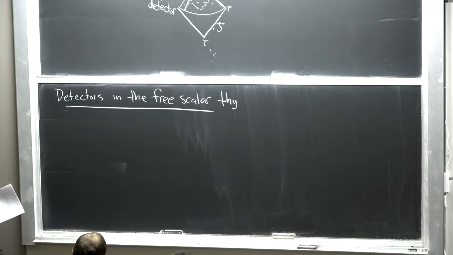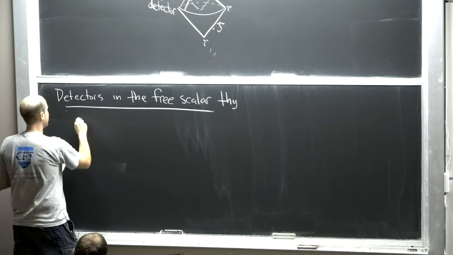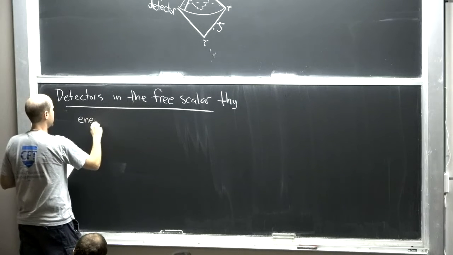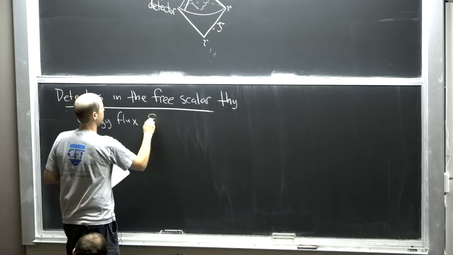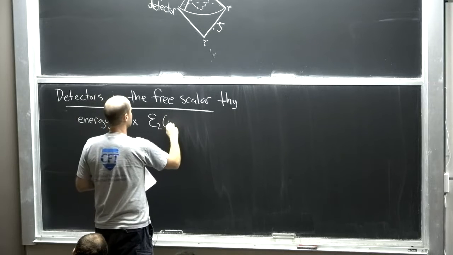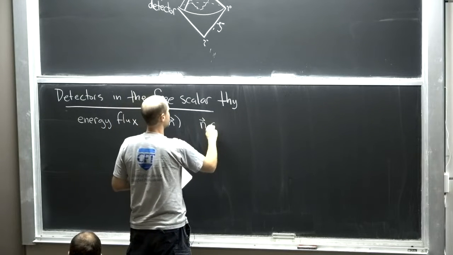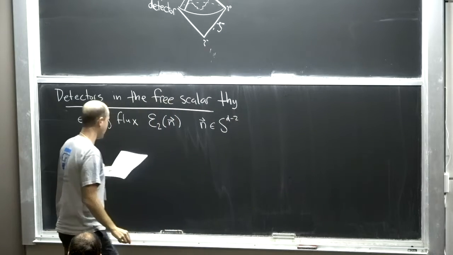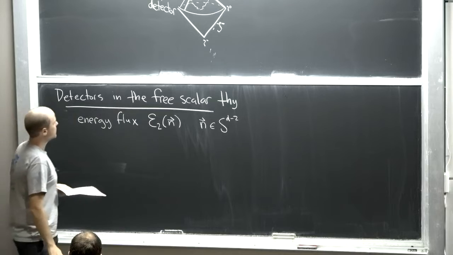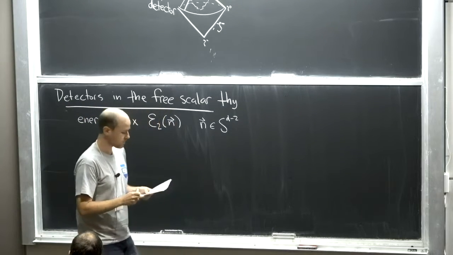So the most important detector in this theory, and probably any theory, is the so-called energy flux operator, which I'll write as E, and it depends on a direction n, which is a point on the celestial sphere. And in words, what it does is measure the flux of energy propagating out in that direction.